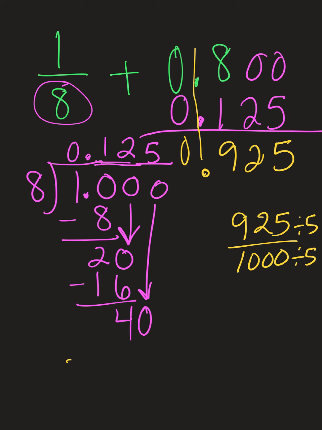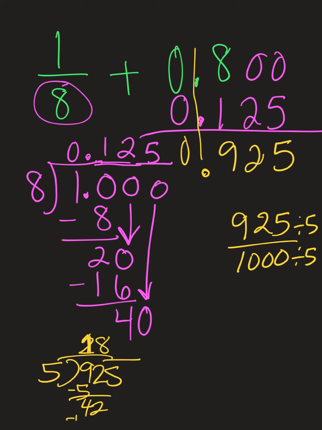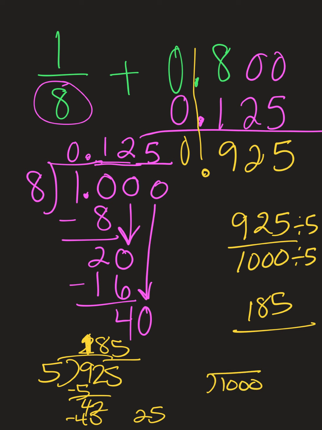Now 925 divided by 5 is going to give us 185 over, and 1,000 divided by 5 is going to be 200.